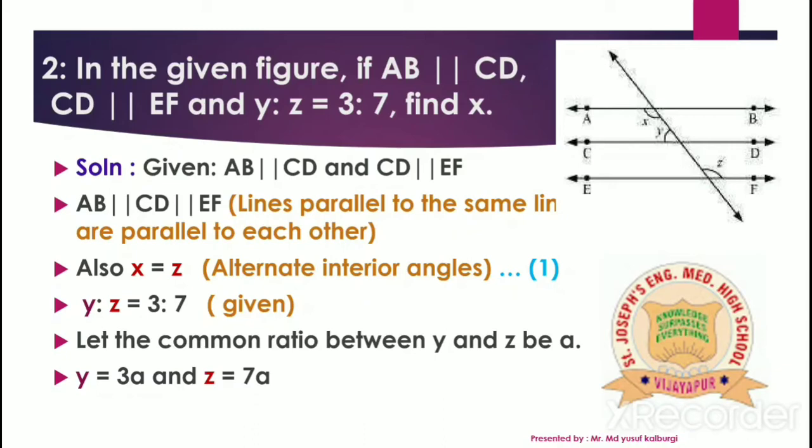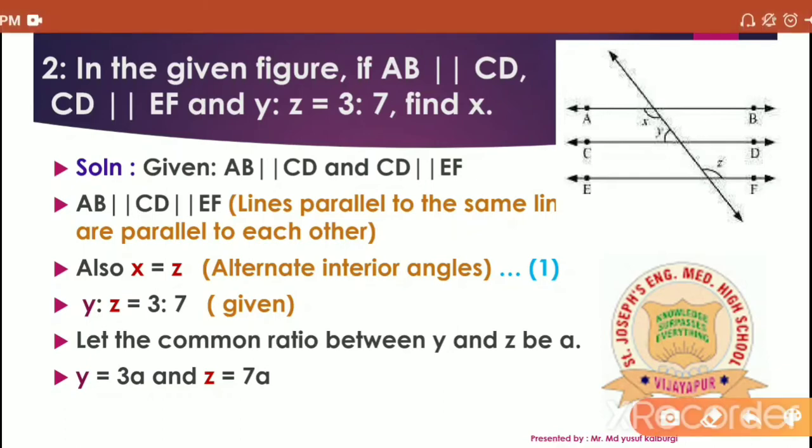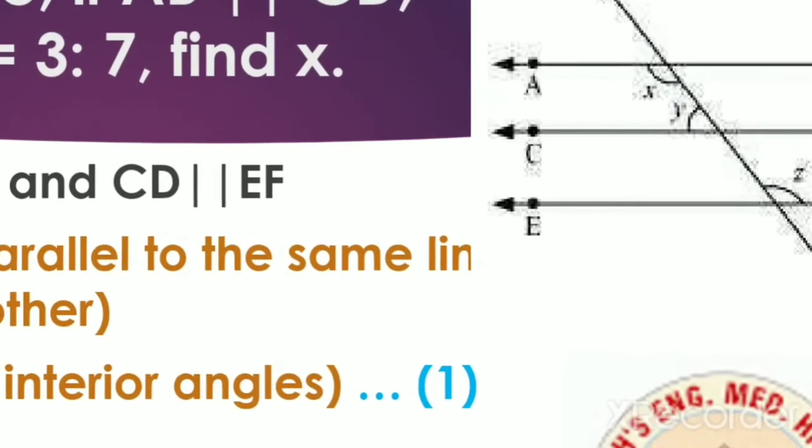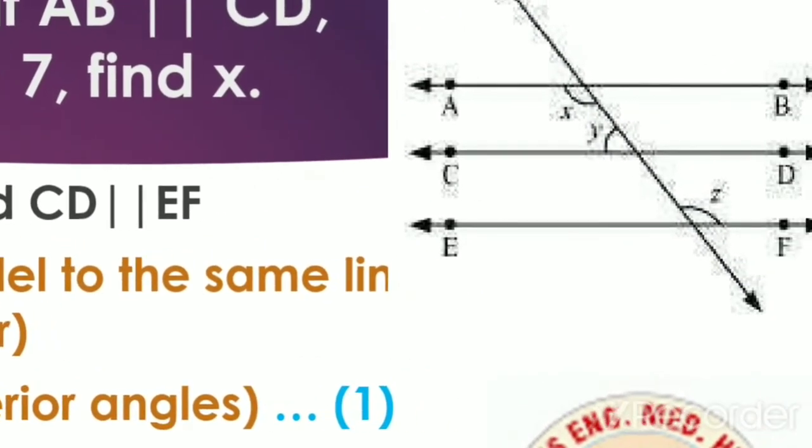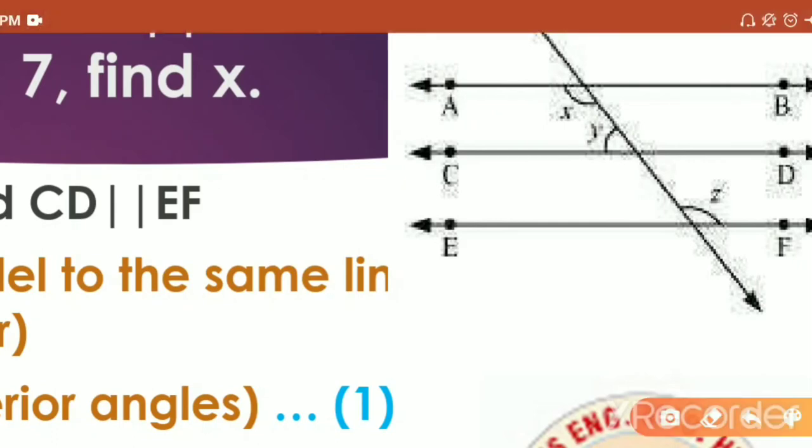Now we need to observe the figure. X and Y are co-interior angles. Just observe here, I will zoom this figure so that you can understand it clearly. Now observe this X and Y: they are inside the parallels and on the same side of the transversal.